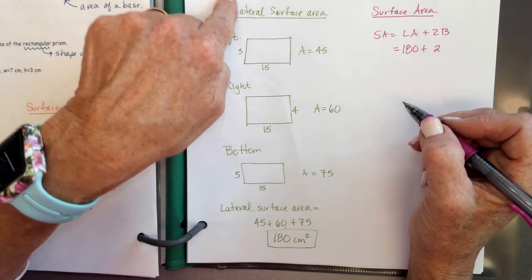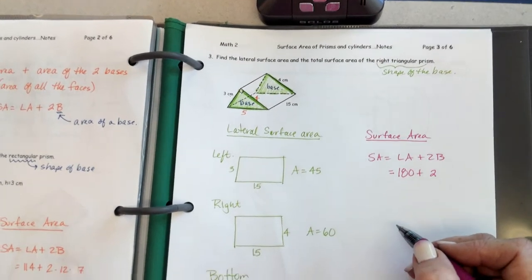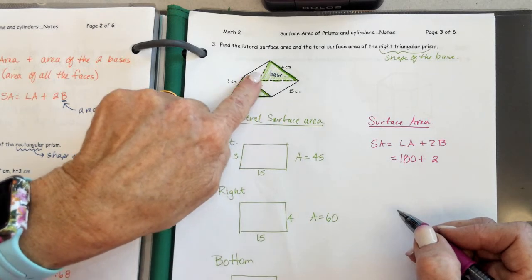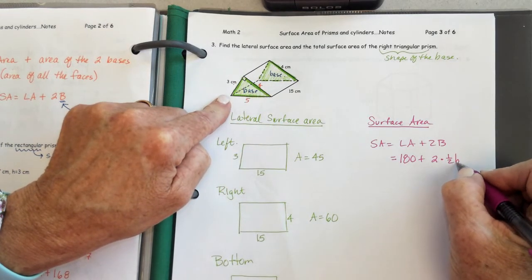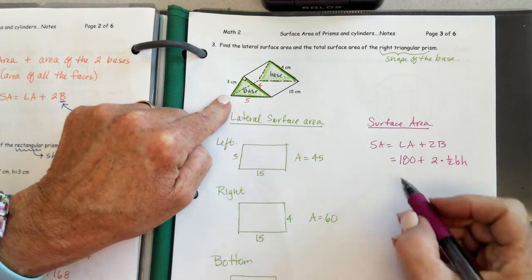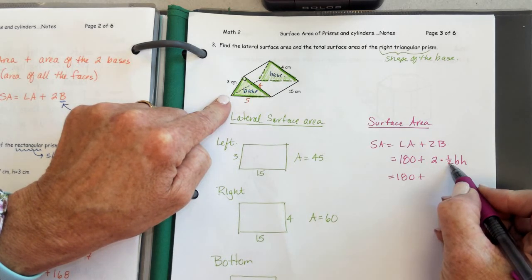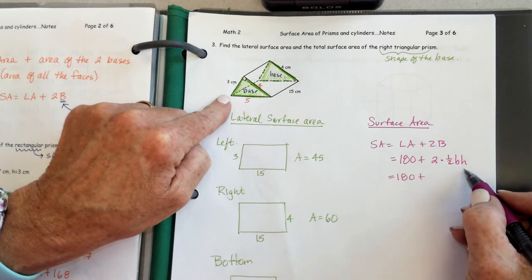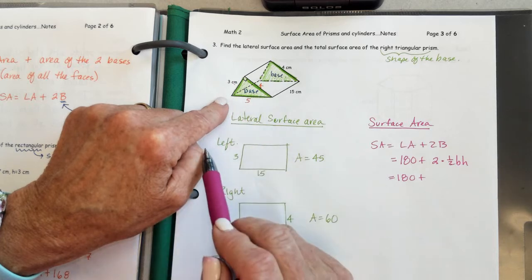All right, what shape is the base? It's a triangle. Formula for area of a triangle? 1/2 base times height. Look how pretty this is. 2 times 1/2? Gone. Now base and height of this triangle. Because it's a right triangle, don't use the 5 as the base.